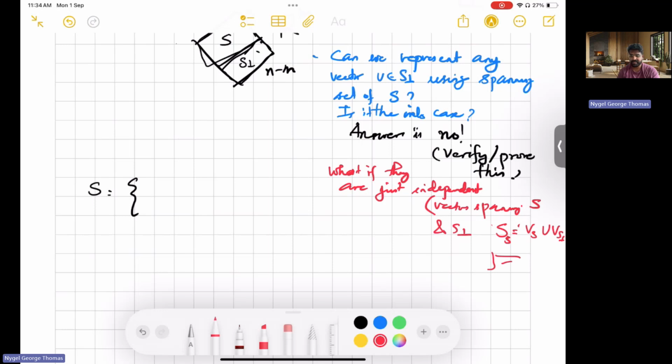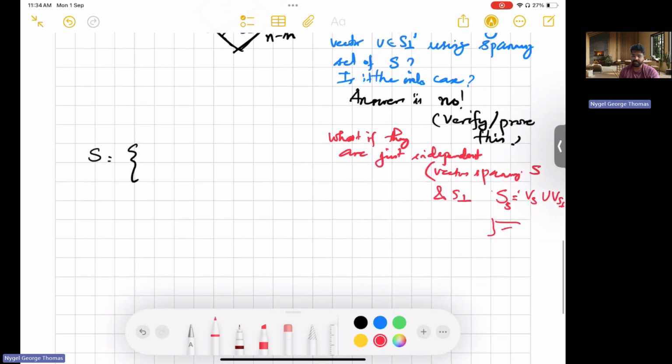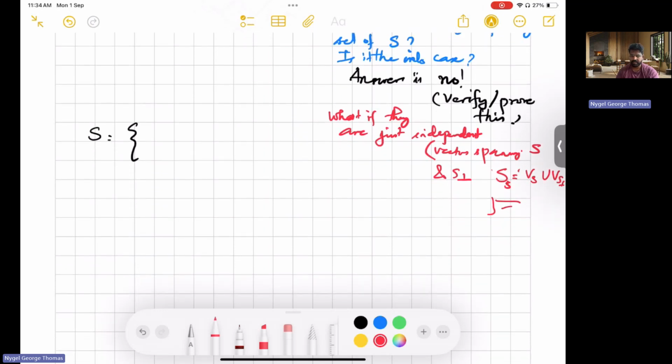How are they related? I'll think more about it and get back to you on this. Okay, let's move forward.